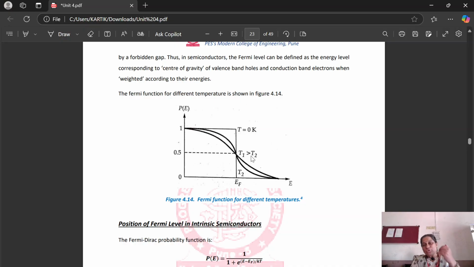So when the temperature increases, some of the energy states below EF are vacated and some of the energy states beyond EF are occupied by the charge carriers. This is what is represented in this Fermi function, or the probability of occupancy curve.